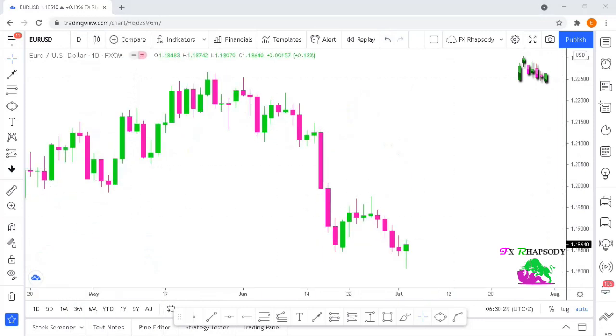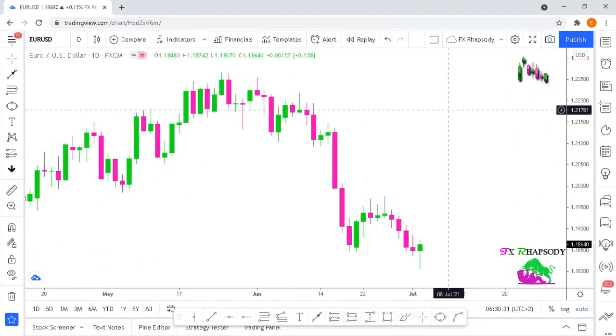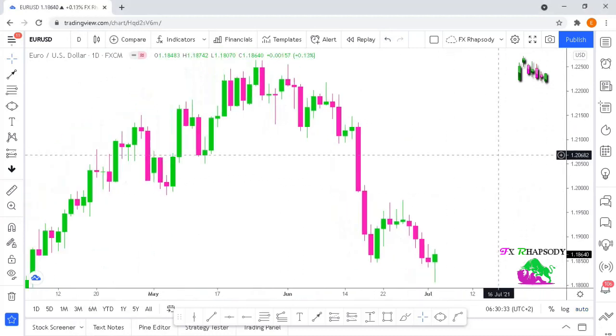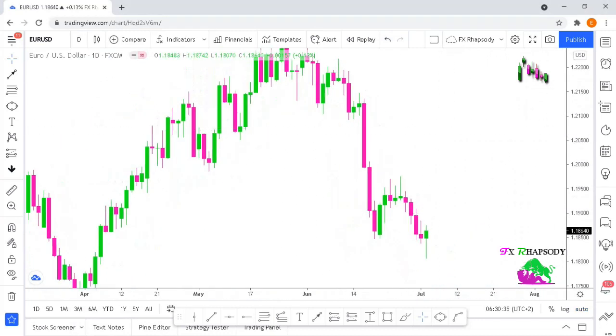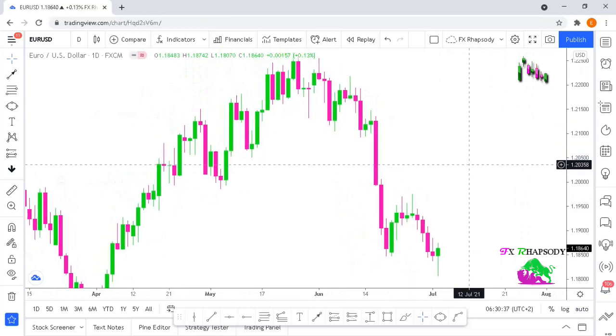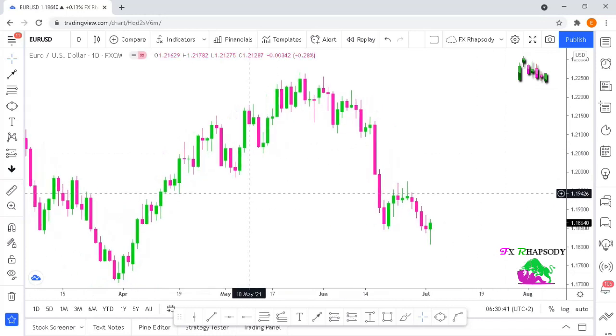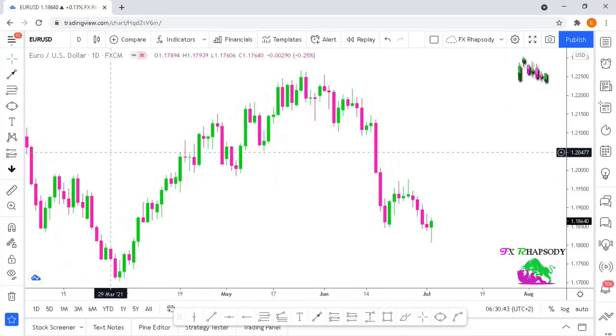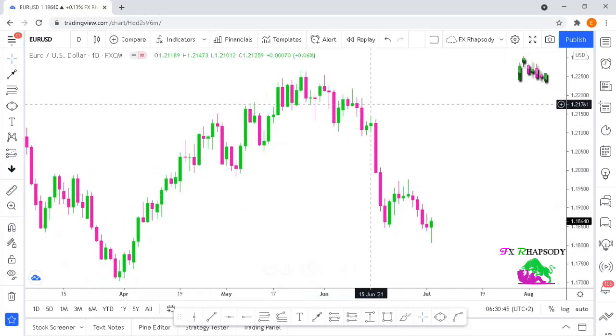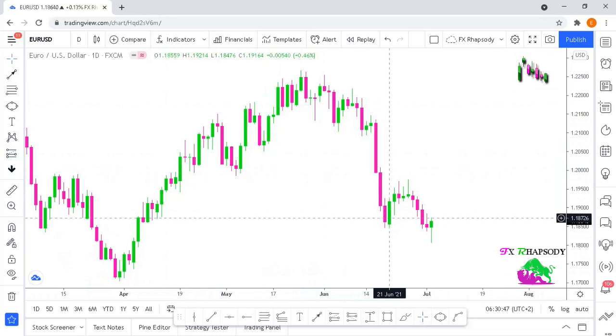On the daily time frame, let me minimize it a little bit to make it better. There we go. Basically what we see is price made this huge movement to the downside, and then price came up again.